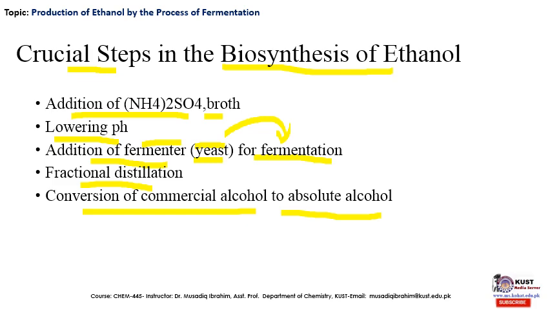As a result of the process of fermentation, the end product alcohol which you are getting in the form of ethanol is not very pure. So there are certain steps which need to be taken to convert it into absolute alcohol, which is 99% pure.